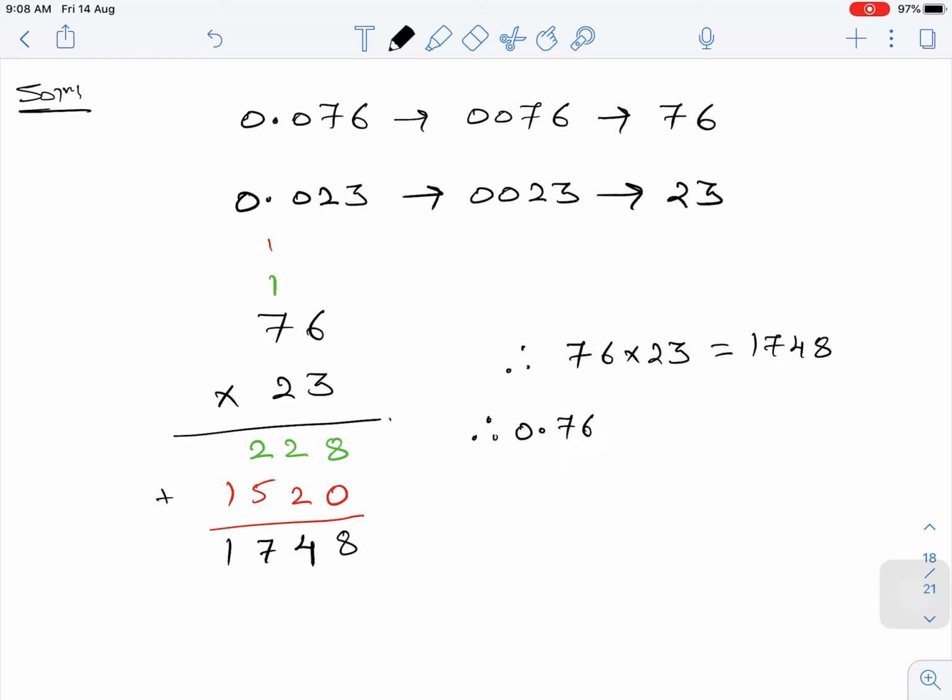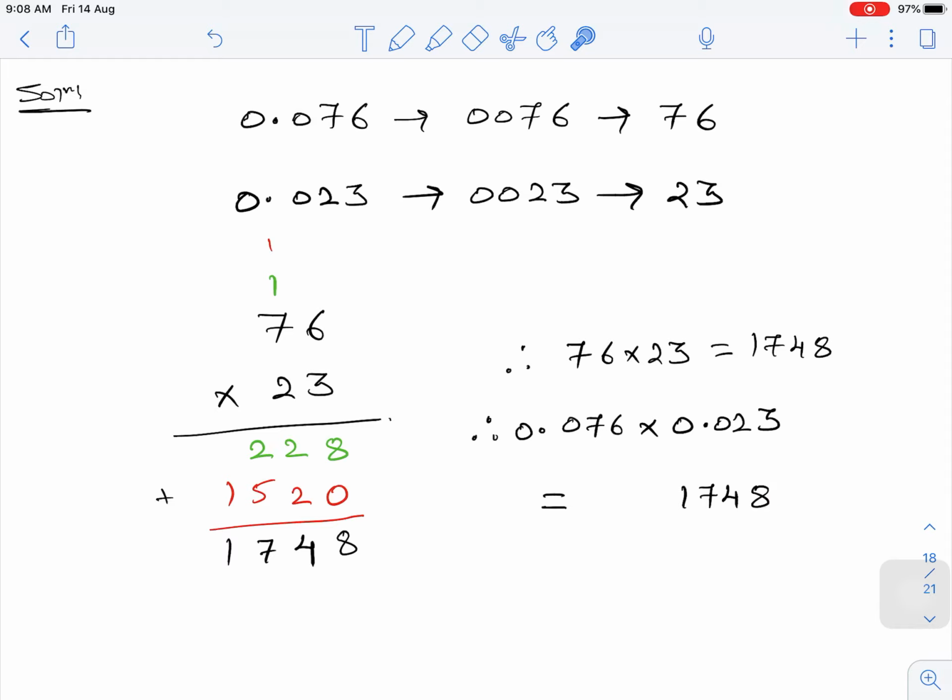Therefore 0.076 into 0.023 equals, the digits will be the same, that is 1748. But now what is the decimal place of this number? 3. Of this number 3, so 3 plus 3 is 6. It means that in our answer after the decimal there must be 6 digits.